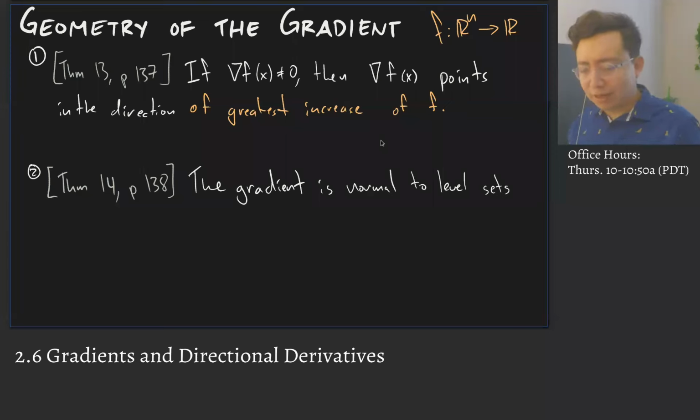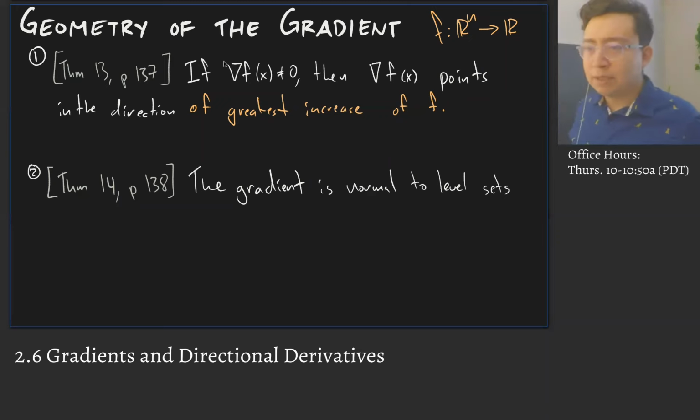So the gradient dotted with itself is going to be the biggest you can get. There's a problem on the homework that walks you through why this is true, based on our dot product definition of directional derivative. Okay.